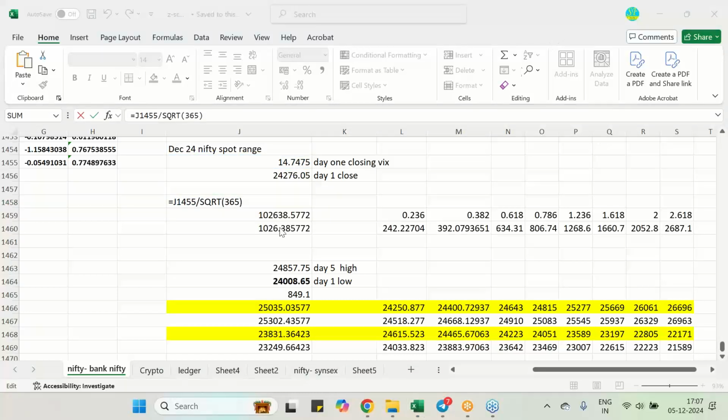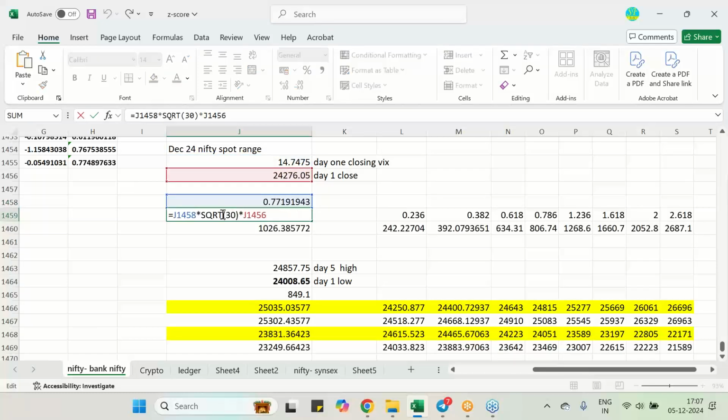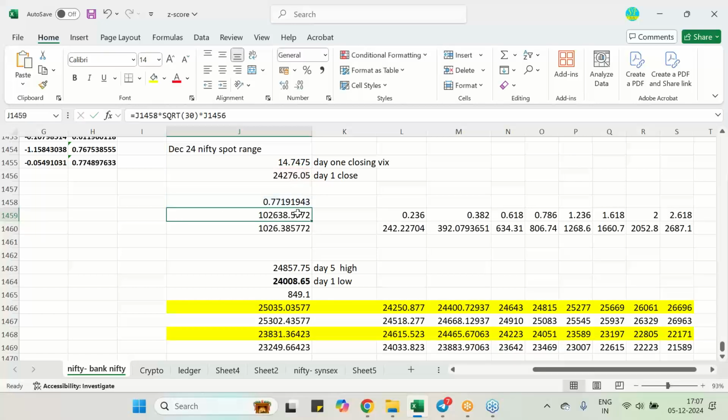After this calculation, 0.77 has come. Then I multiply this 0.77 by the square root of 30, and by the closing price of Nifty on that day. By this process I get a big number, 102,638.577 something. However, the VIX is in percentage terms, so I divide it by 100, getting this 1026 points.